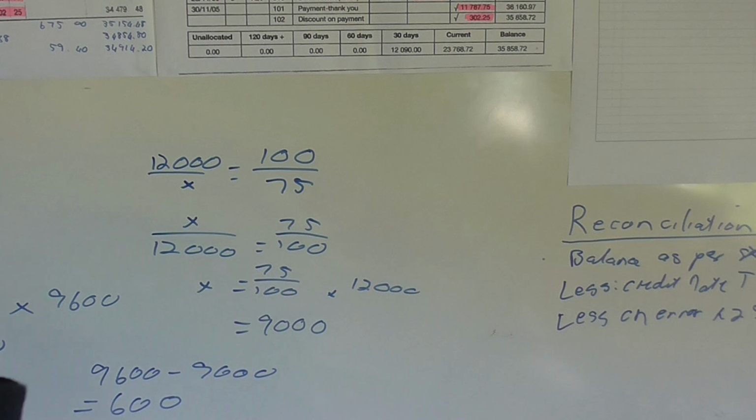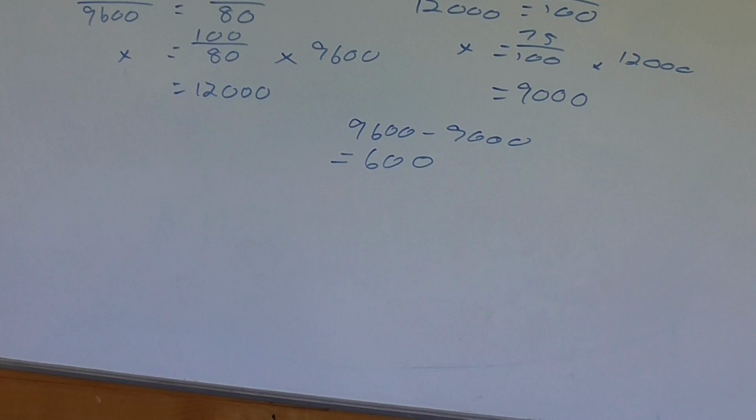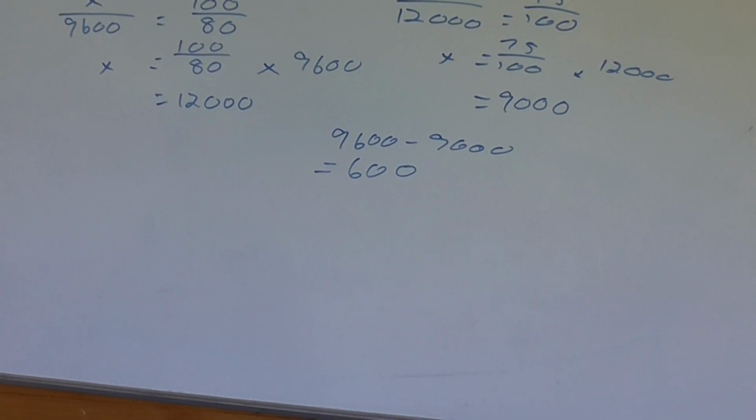That's the difference between the two. Now we need to realize that we need to fix it two ways. First, we need to fix it for ourselves, and then we need to do the correction in the reconciliation statement to compensate for them having to fix the same error.